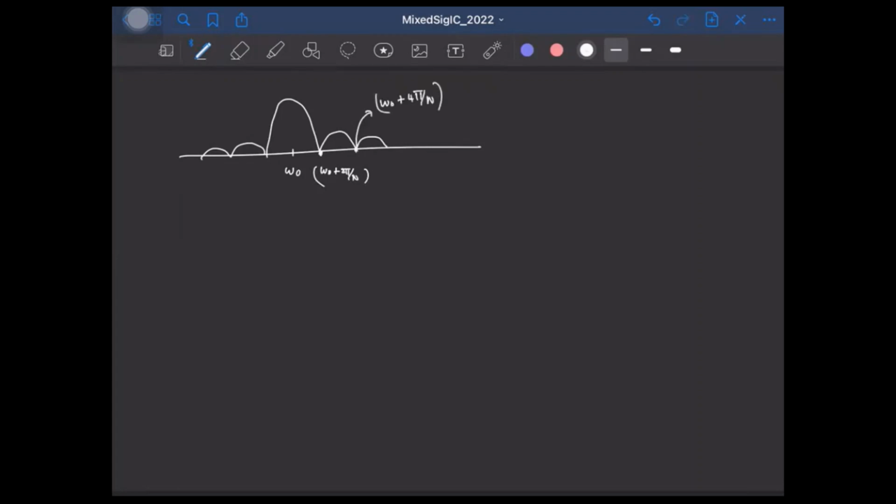Now let us say I choose the input frequency to be omega naught equal to m times 2 pi by N, right? And m and N are integers and are co-prime. Okay, so what happens? Well, this is now m times 2 pi by N. So this frequency, what is that? That will be m plus 1 times 2 pi by N, and this will be m plus 2 times 2 pi by N, right?